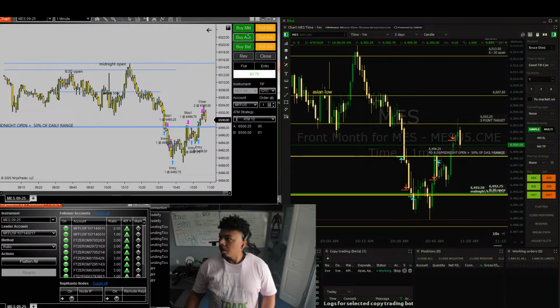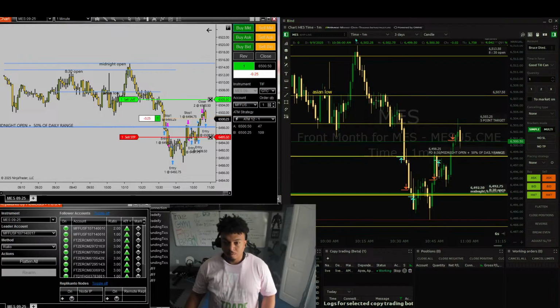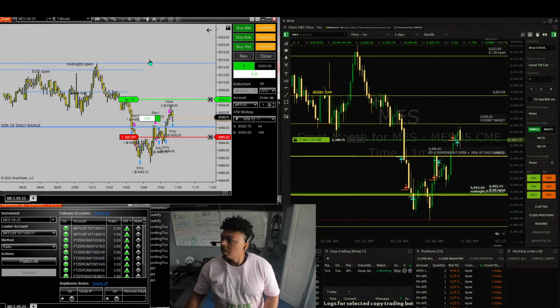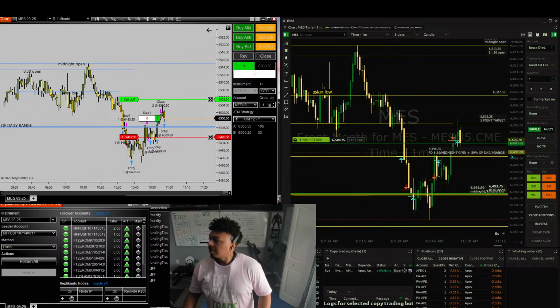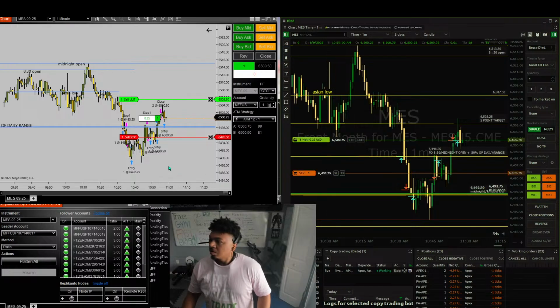Yeah, I think I'm gonna buy that. Order filled. So I bought that because that essentially is an original trade I took. But now that we have the price action below it, it gives the stop loss a better chance, I believe. So let's see if that trade works out.